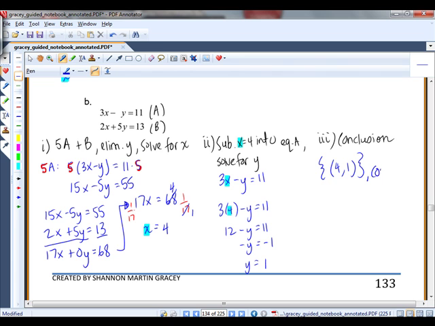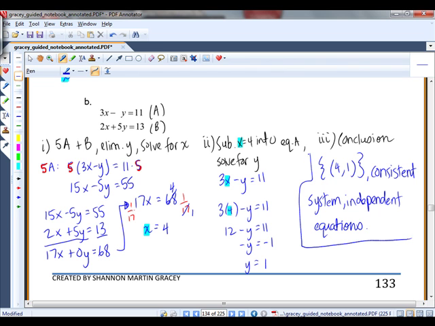So this is a consistent system. And it has independent equations.